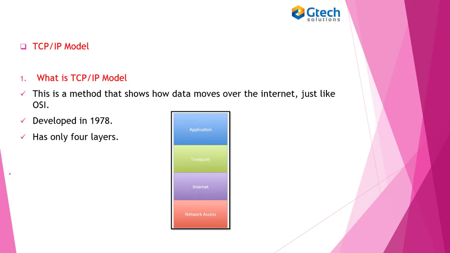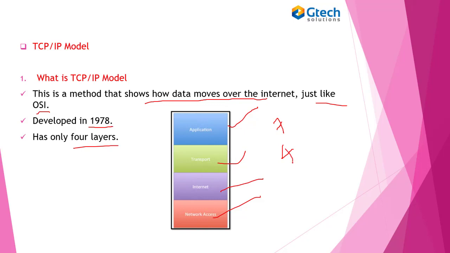The TCP IP model shows how data moves over the internet, just like OSI, but it was developed in 1978. We only have 4 layers here, which are application, transport, internet, access. In OSI we have 7 layers, but in TCP IP we have 4 layers.